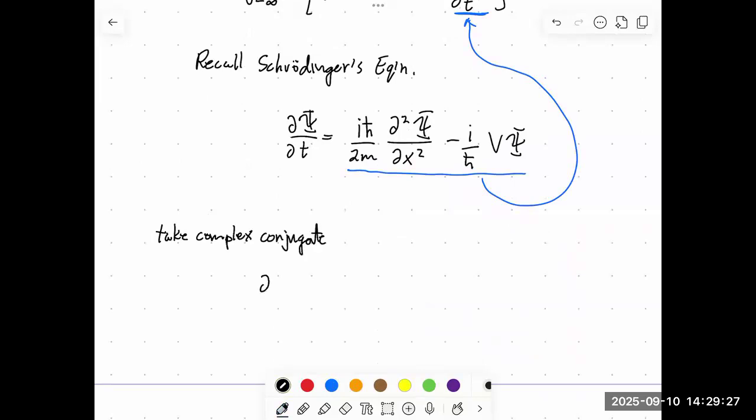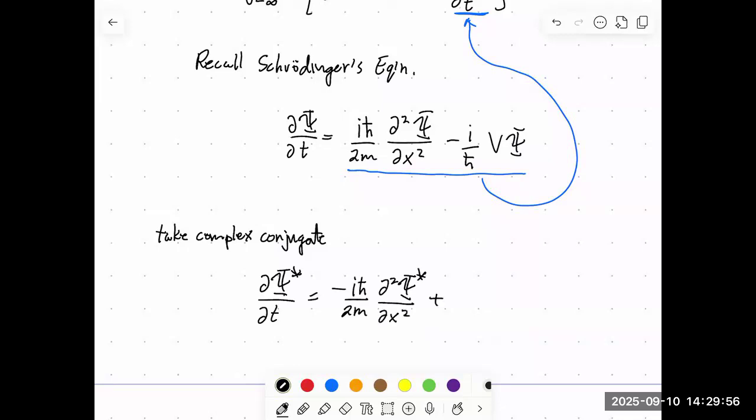So we'd have the time derivative of the conjugate of the wave function is equal to all of the stuff after I take the conjugate. So phi is going to become phi star, and we're going to reverse the signs in front of these i's. So we're going to get a minus i h bar over 2m, two derivatives of phi star.